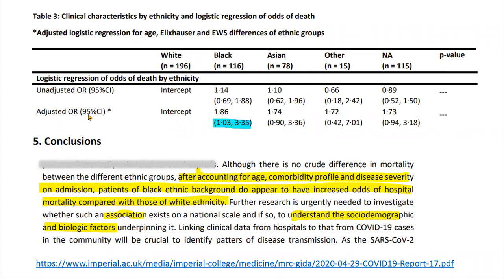But here we're looking at the confidence interval in the parentheses, and I'm highlighting the one in blue because it does not contain the value, now don't think about 0 here, it doesn't contain the value 1, right? These others do contain the value 1. So it points to this group having evidence that the odds for this group is greater than for the reference group, which is this group here.